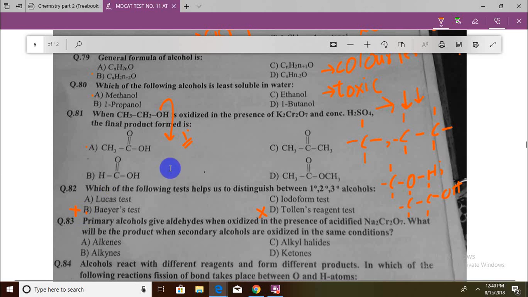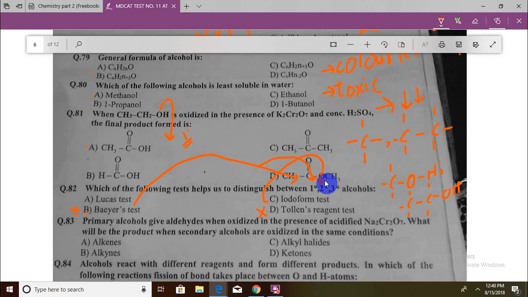So distinction is difficult. Can it distinguish a primary from a secondary? No. It can likely distinguish a tertiary from these two, but not the other way around. An iodoform test can successfully, in a lot of cases, distinguish a secondary from a primary or a tertiary.